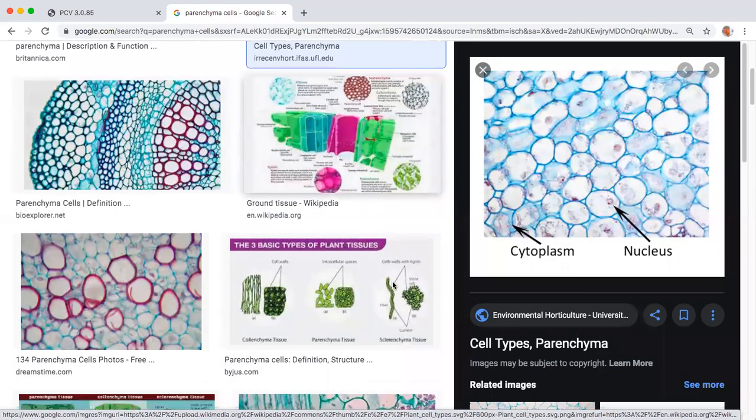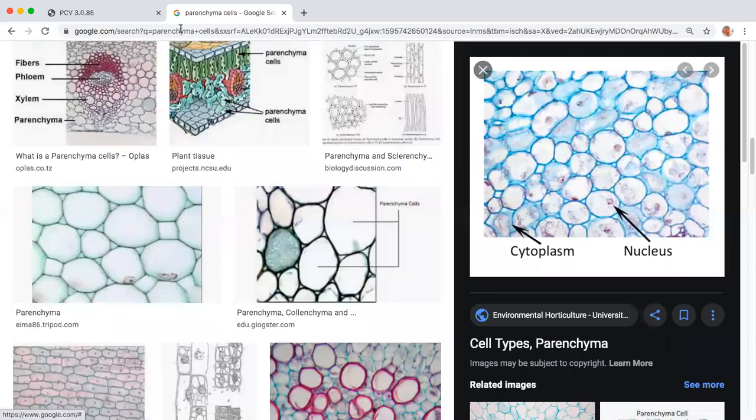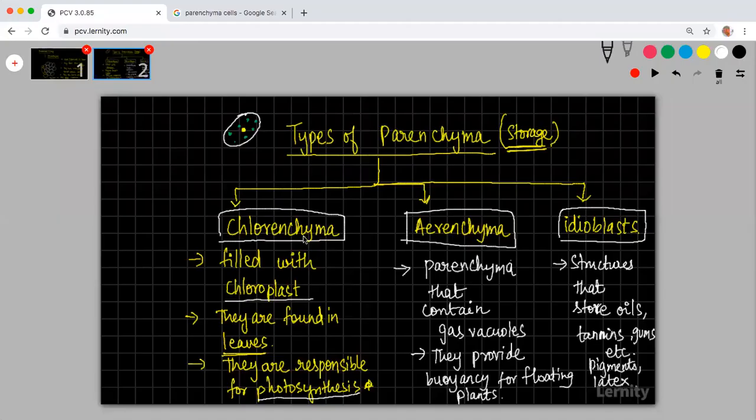So now we will move on further. These kinds of cells will make a tissue. Parenchyma tissue is made up of parenchyma cells.